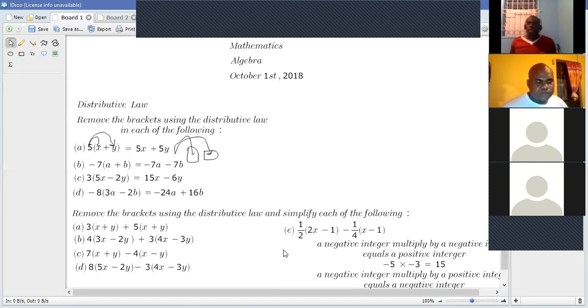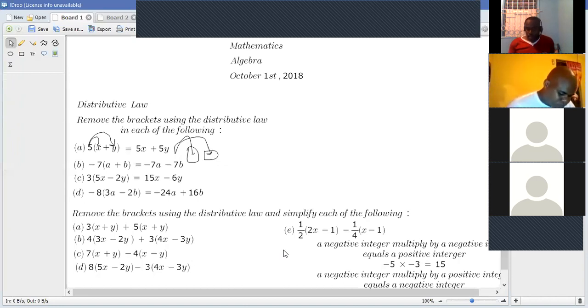3x. Simplify. Sir, yes? At the bottom one.